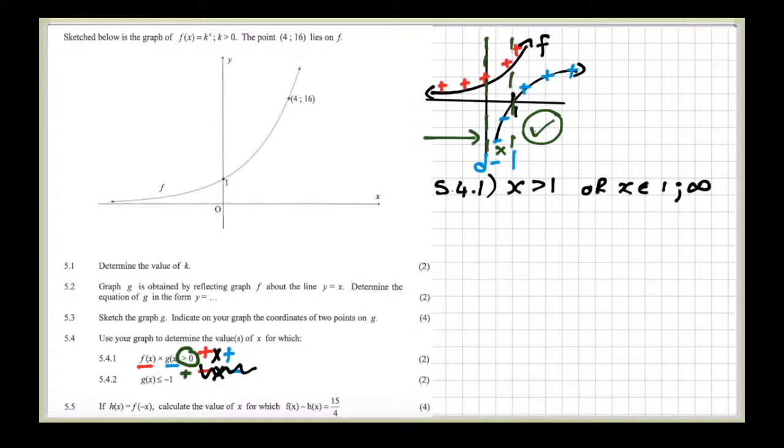Now 1 is not included because they didn't say equal to 0, and infinity is never included. Therefore, it always gets a round bracket. Whichever one you want to use in the exam, the examiners do not mind. But please remember, the domain of g(x) is restricted. So you cannot look smaller than 0.